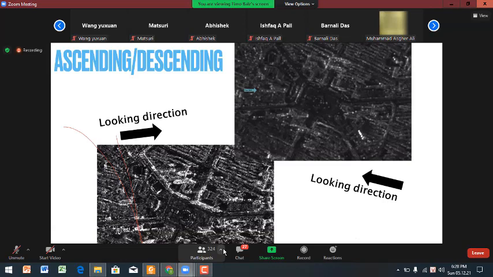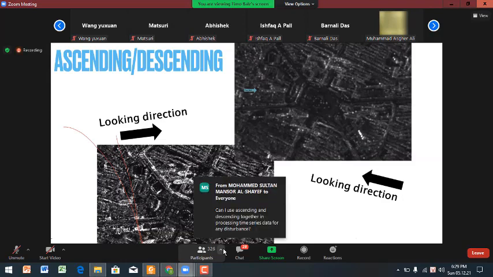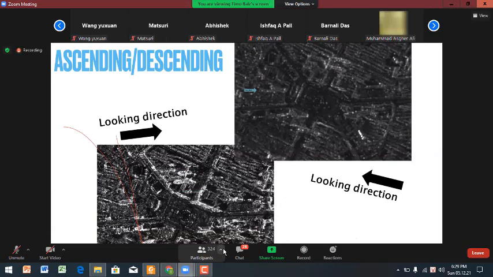Let's take a look here at these high-rise buildings, some skyscrapers here in Wuhan. This is the layover of a building. The original building is positioned somewhere here.